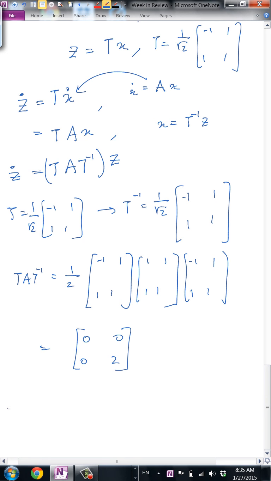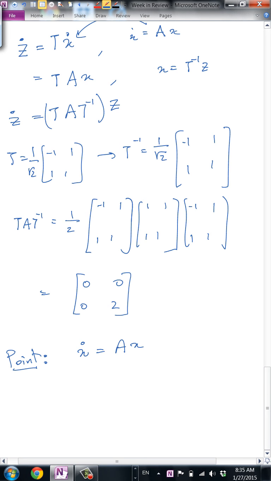So the key point is that if we have a coordinate system and a system of equations, x dot equals Ax, and we let T be any invertible matrix, then z is equal to Tx defines a new coordinate system.